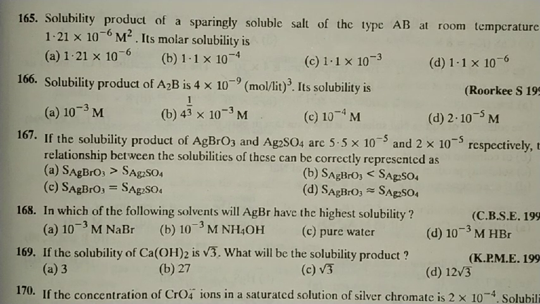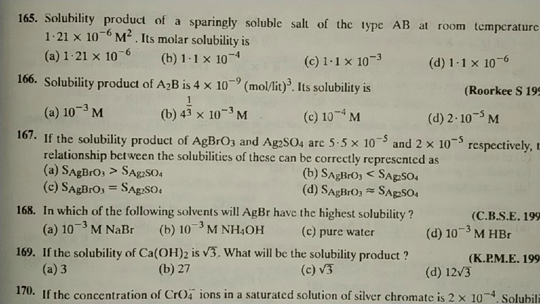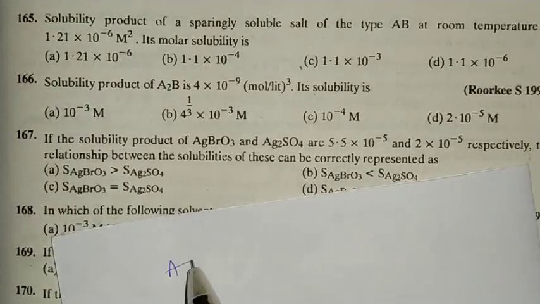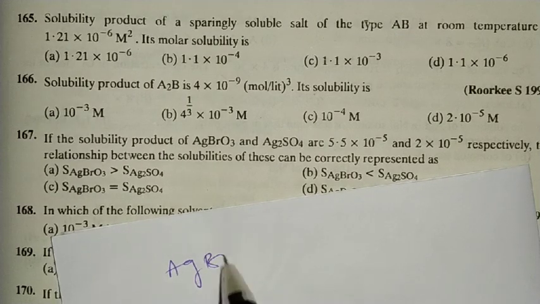If the solubility products of AgBrO3 and Ag2SO4 are 5.5 × 10^-5 and 2 × 10^-5 respectively, the relationship between the solubilities of these can be correctly represented as? Solubility products are given for two different types of salts, and they ask the relationship of the solubilities.